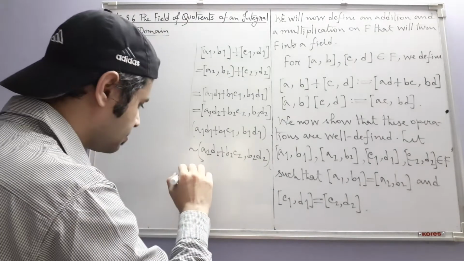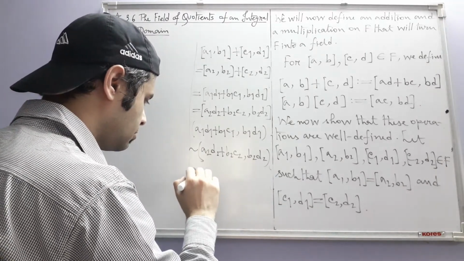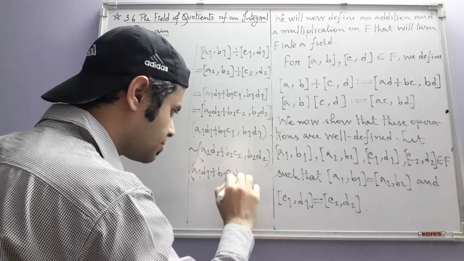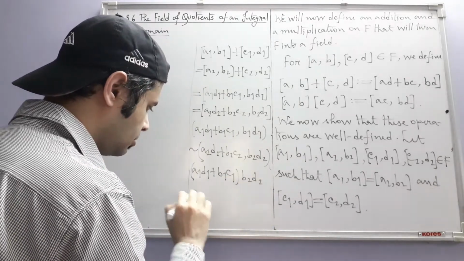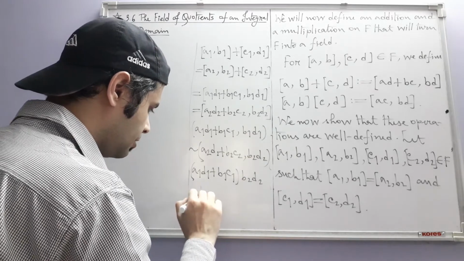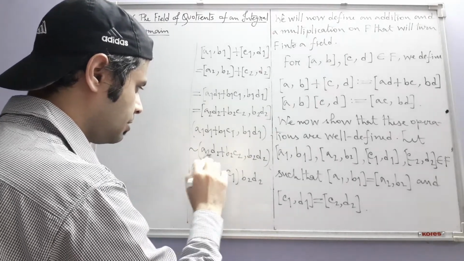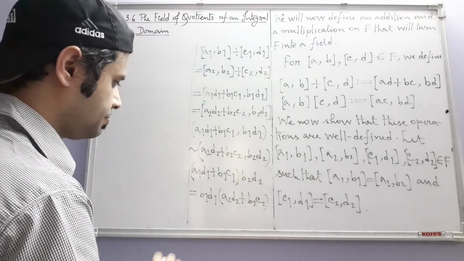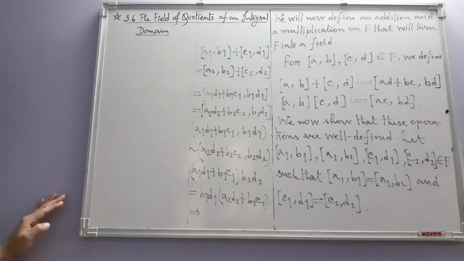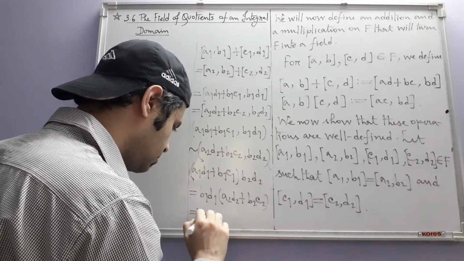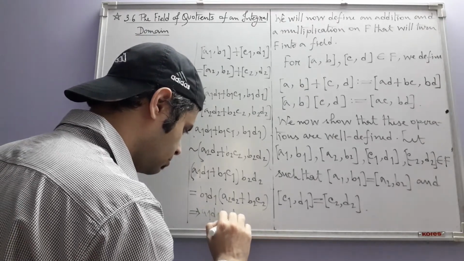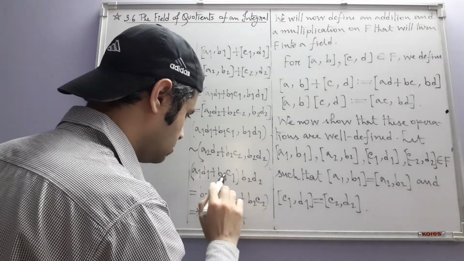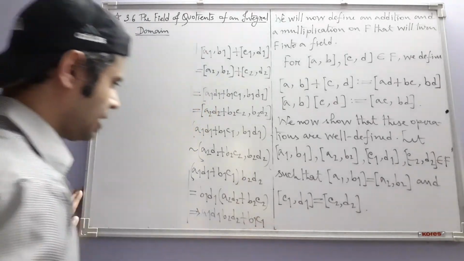That means what? That means I have to show (A1 D1 plus B1 C1) times B2 D2 is equal to B1 D1 times (A2 D2 plus B2 C2), and this implies I have to show A1 D1 B2 D2 plus B1 C1... I am running out of space.